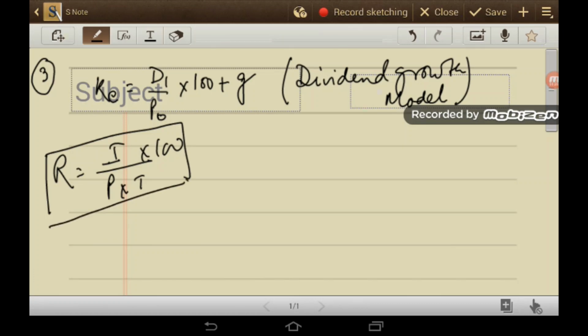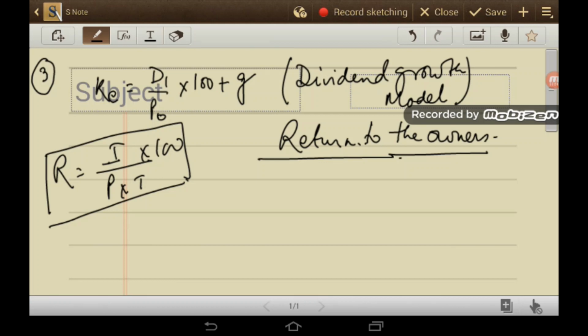See, in the numerator you have the dividend. The dividend means the interest to the debenture holder and dividend to the equity holder. It means in the numerator we write the return to the owners.